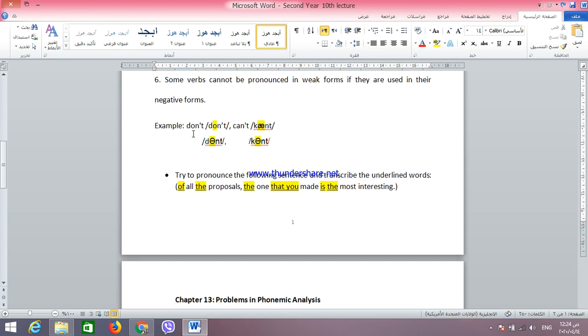But when it comes in the negative form, we cannot make it weak. It should be pronounced strong. Don't. Can't. We cannot pronounce a schwa instead of the o or the a here. This is correct, this is incorrect. Why? Because these verbs are in the negative form.